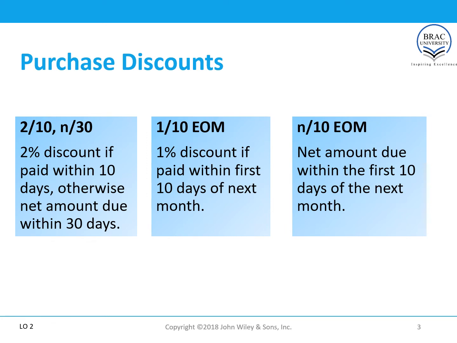Next we have N/10 EOM, which means the net amount is due within the first 10 days of the next month. If a company buys some product on June 15th, then no purchase discount is available.